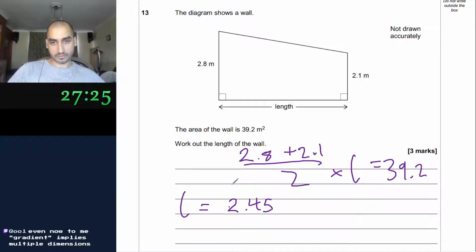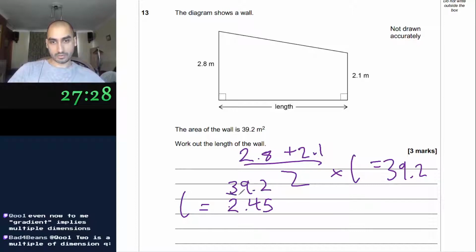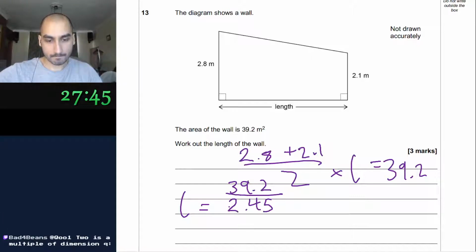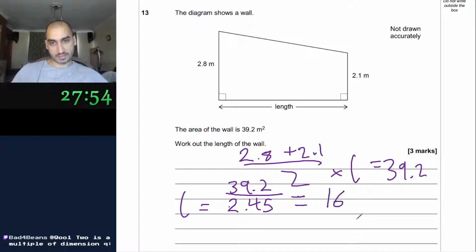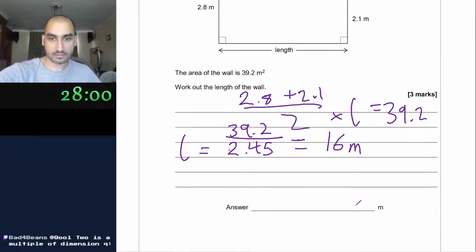So L equals 39.2 over... Calculator. Equals 16. And don't forget the units. You lose a mark for not putting the units. Oh, they put the units for you. They're being very generous. They've been giving us all the units so far.